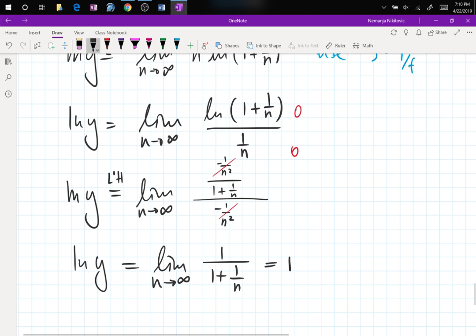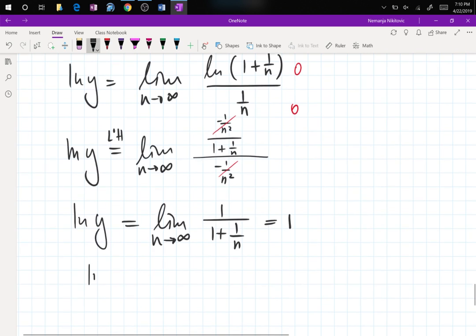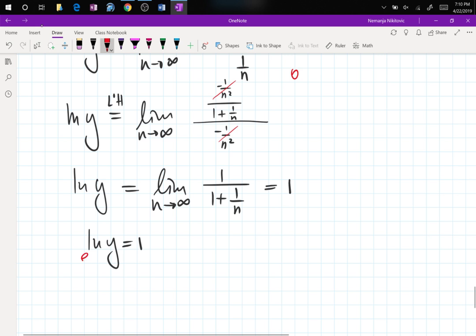Well, that's all equal to 1, because 1 over n is 0, so 1 divided by 1 is 1. And look what we got. ln y is equal to 1. Exponentiate both sides to get y alone. You get that y is equal to e to the 1, which is e.